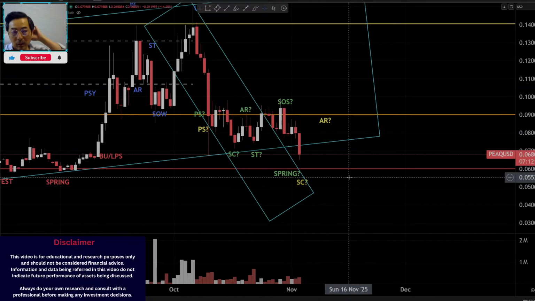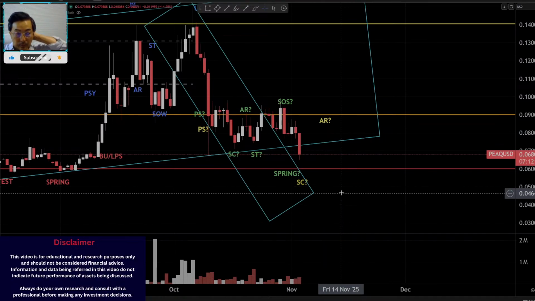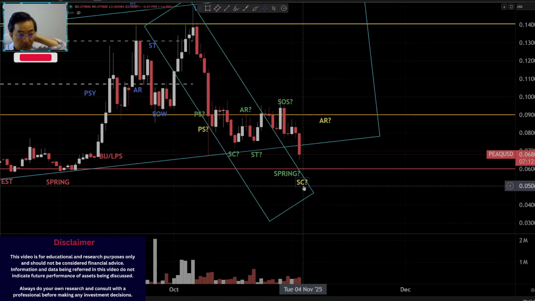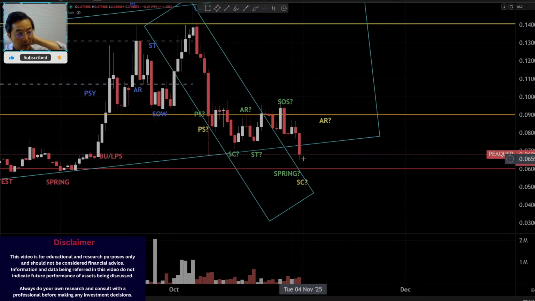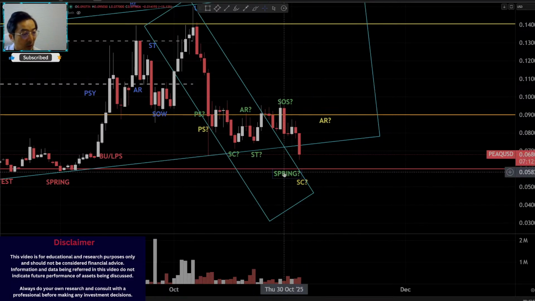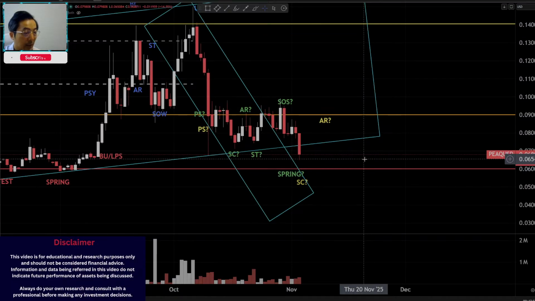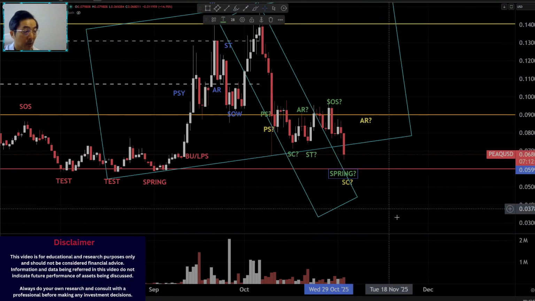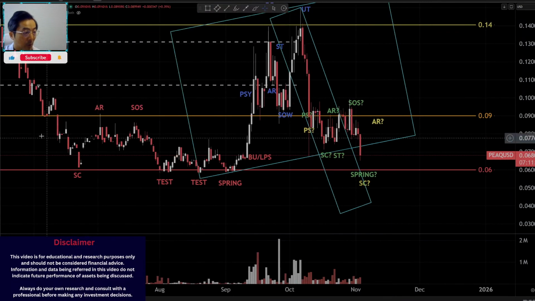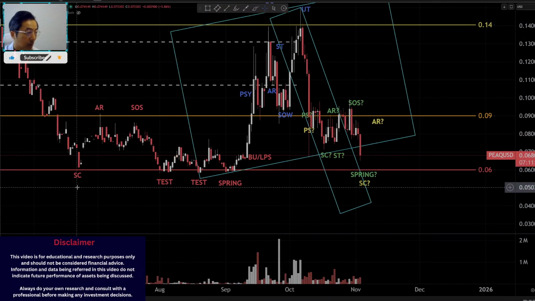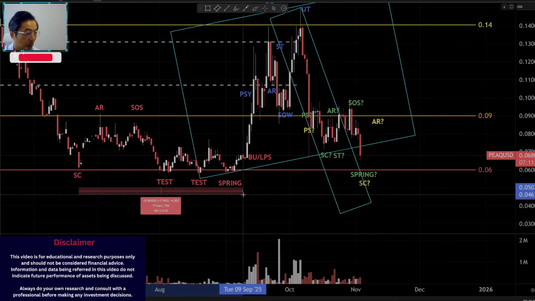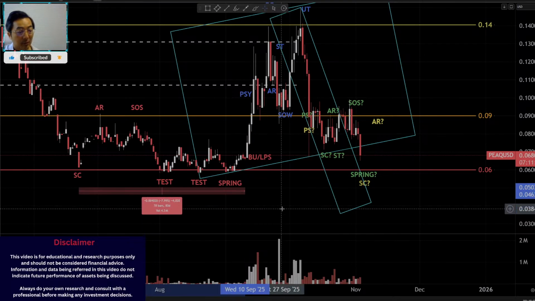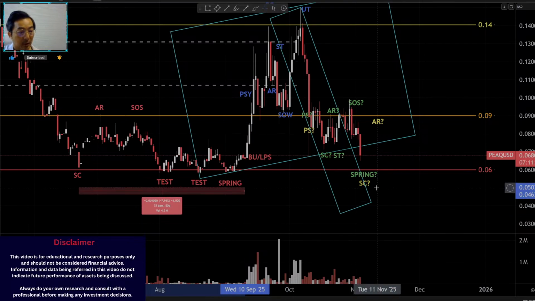The difference between these two is that for the yellow scenario, we're still at the early stage of an accumulation. For the green one, we are at least at the mid, if not the late stage, because an accumulation can last for quite a long time. So look at what happened back in June all the way to September. It lasted for 3 months.